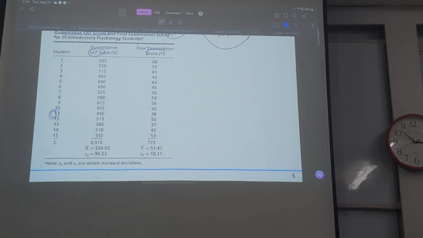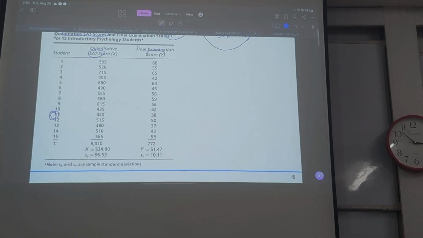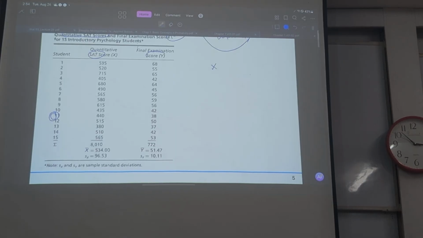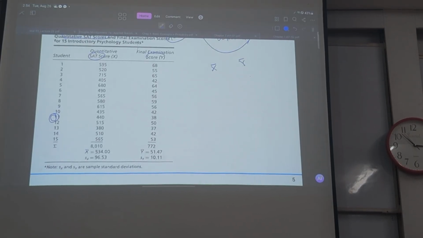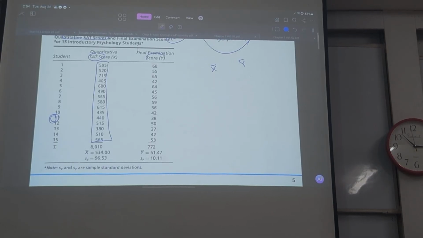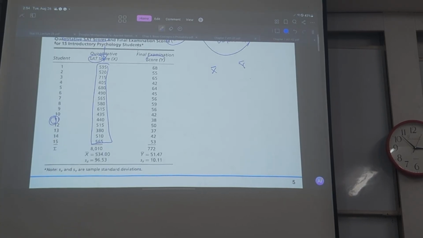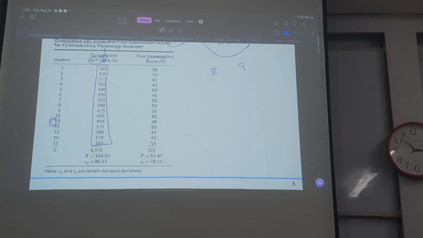From these scores you can have a histogram, you can have many other things. Here two things are shown: X bar and Y bar. X bar is the average of the marks here. We need to consider that each column of the data is a random variable.